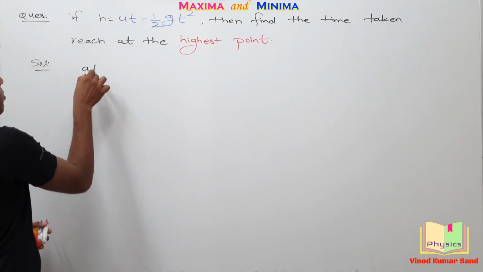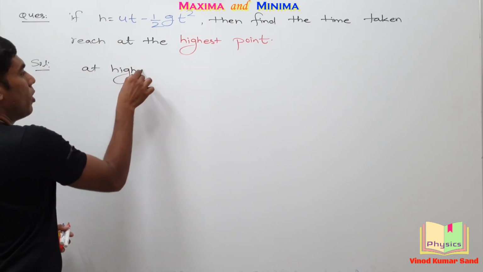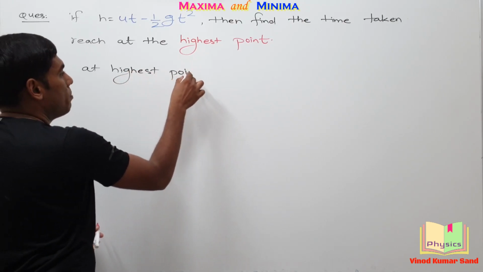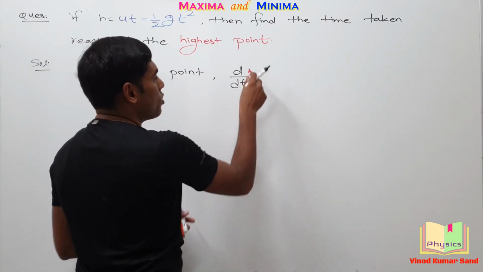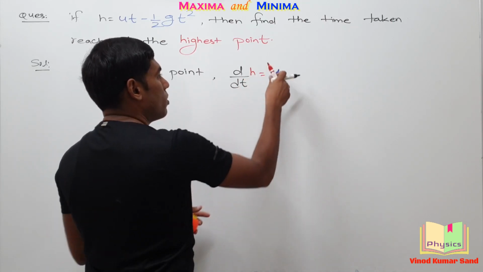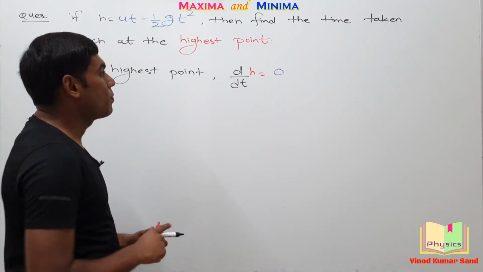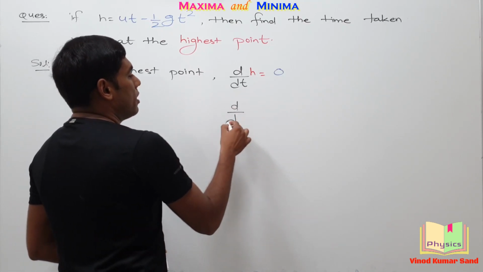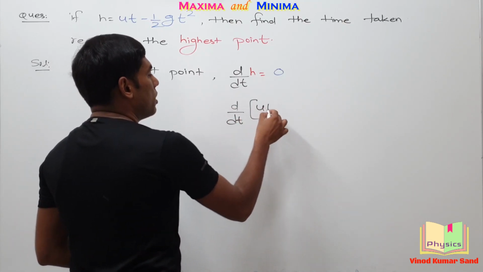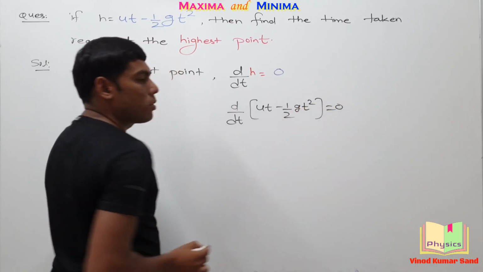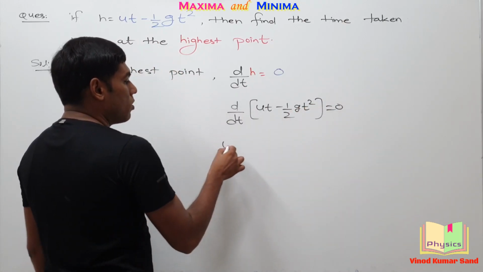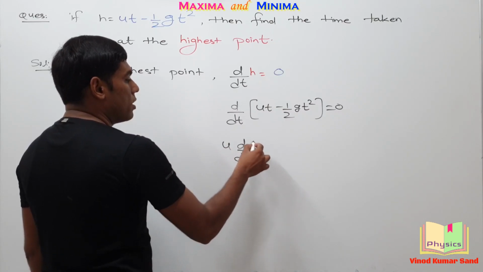At highest point, the ball cannot go further up. So the rate of change of height has to become 0. Do you agree with this? So d by dt of ut minus half gt square should be equal to 0. U is a constant, so I am taking it outside.